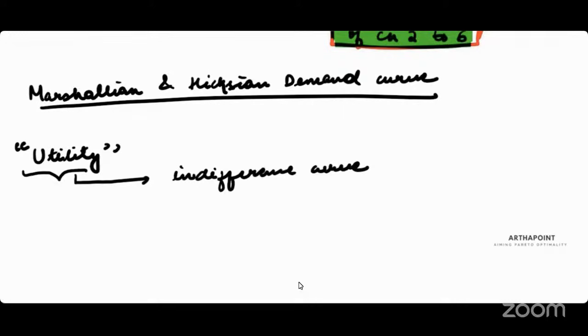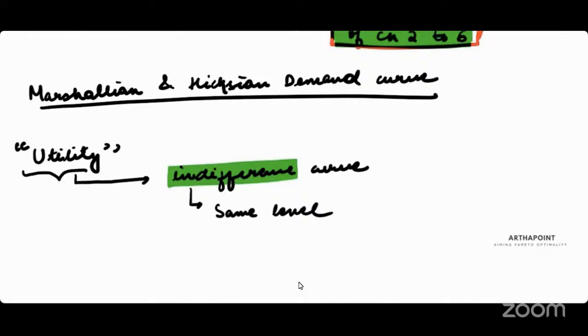What is an indifference curve? As the word suggests, indifference means equal. So an indifference curve shows you different combinations of two commodities, we call them bundles, that give you the same level of utility. It is possible.